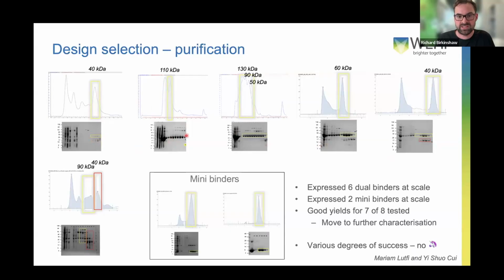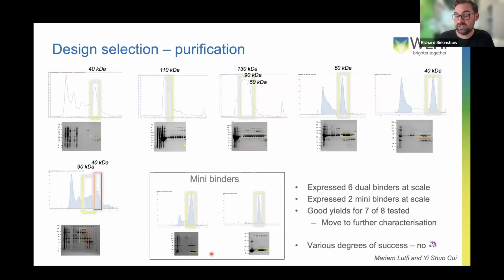Some showed different levels of oligomerization, in this case something that probably relates to a trimer in solution. Some were forming multiple different oligomeric states, some dimers, monomers, and various combinations of all of them. We often saw quite a lot of degradation as well.